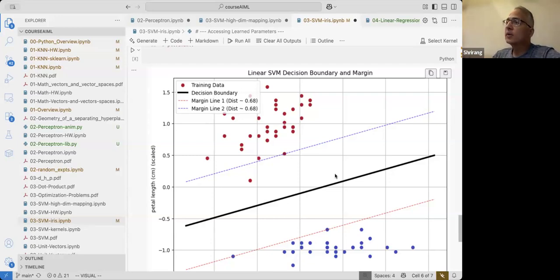Now, you can also think of a specific problem that you're trying to solve, right? Because in the end, the quadratic optimization computation that we do for SVM is orders of magnitude higher. So if you're looking for a quick and dirty solution, and you're not too worried about the accuracy, just use perceptron, right?